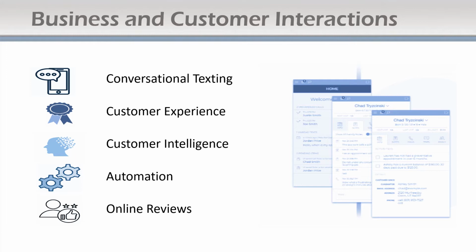And it's all designed to provide a better customer experience because the agent will have key information about the customer. It also provides automation of things like payments and connections to myServicePRO. And in addition, it provides a cool way for you to get good reviews just by sending links out to your customers. So I'm going to go through all those in a little more detail.